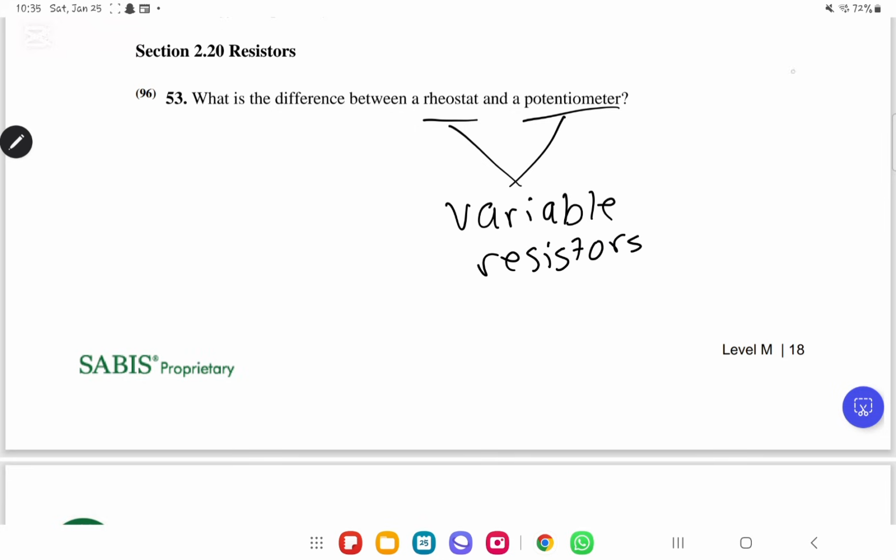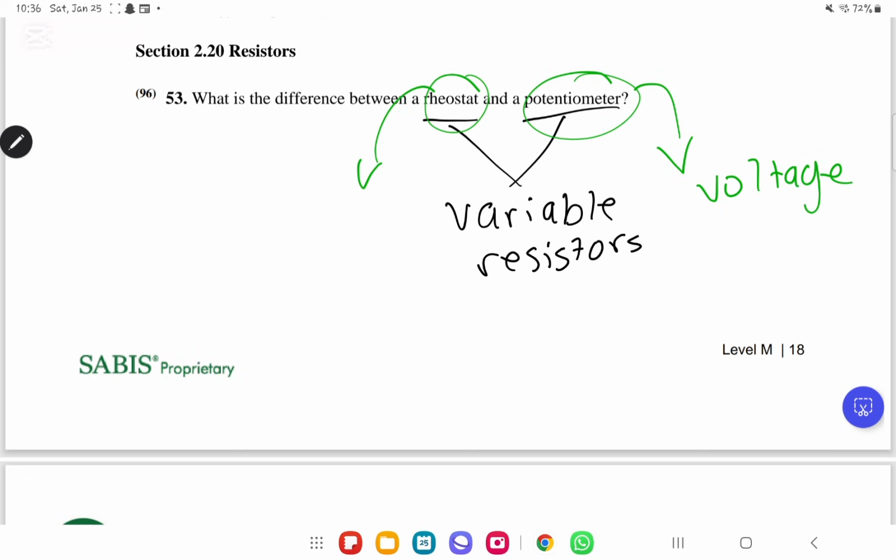Now the main difference between the rheostat and potentiometer is that potentiometers are used to vary the voltage, whereas the rheostat is used to change the current.